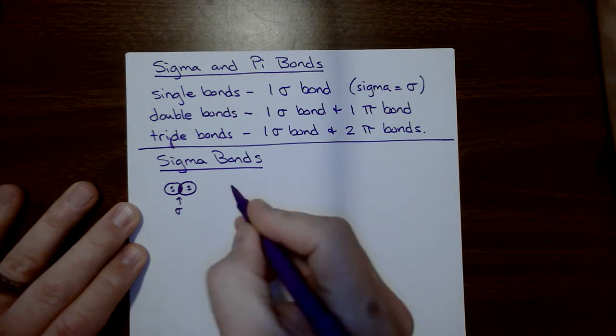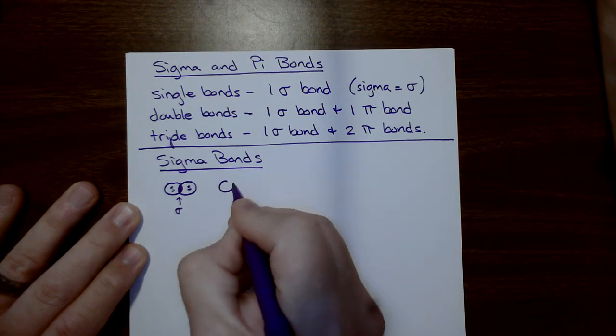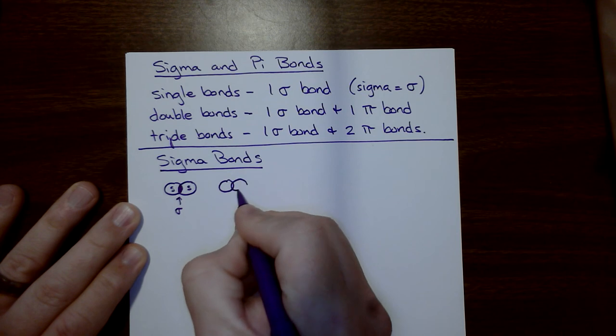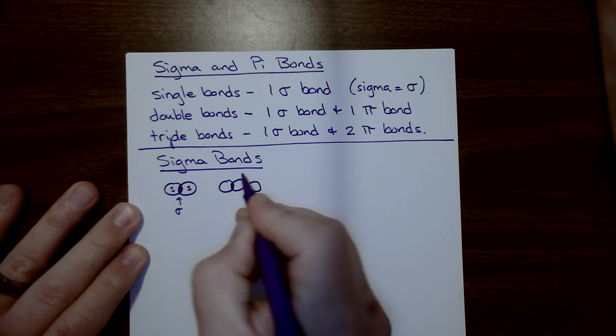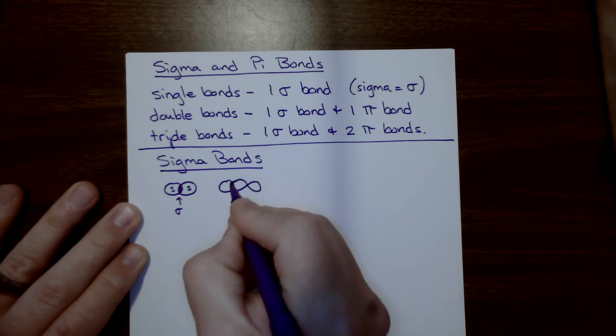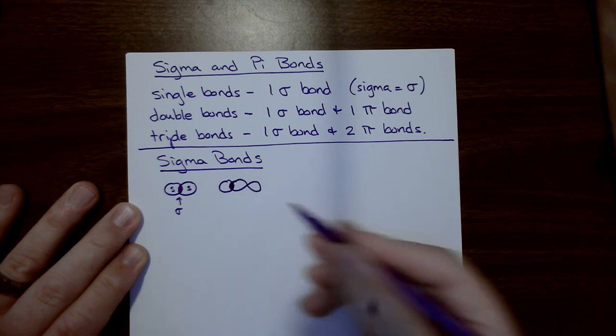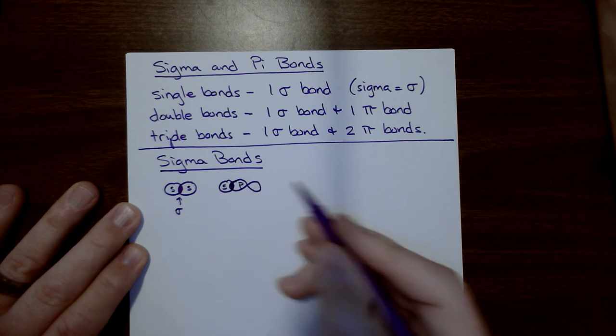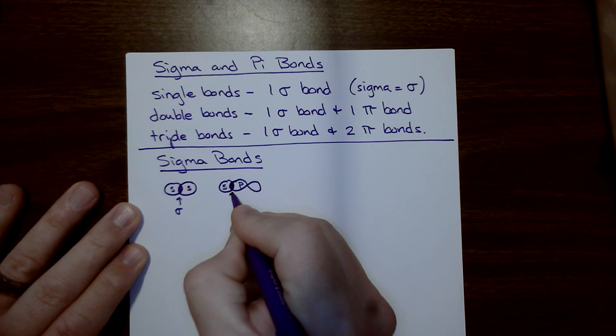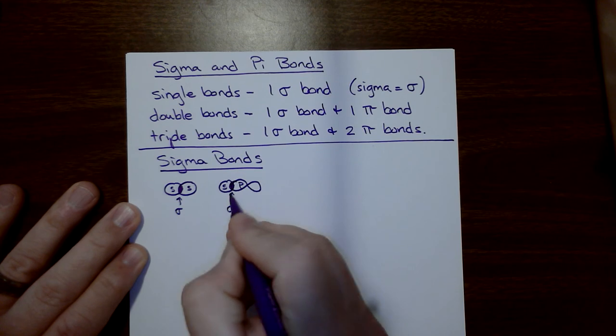Or we can have an s orbital and a p orbital. And this overlap right here, I'm not doing a very good job at getting them overlapped. Let's just say that there's an overlap there. So we have an s and a p orbital, and this overlap right there is a sigma bond between those two.